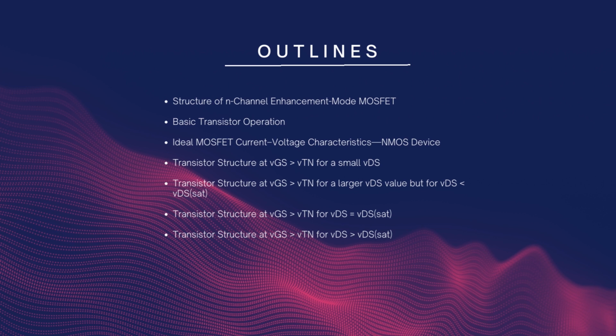We will discuss the condition where the gate voltage is greater than the threshold voltage and the drain to source voltage is equal to the saturation value. And lastly, we will discuss the transistor structure when the gate voltage is greater than the threshold voltage, but VDS has moved further than the saturation voltage.